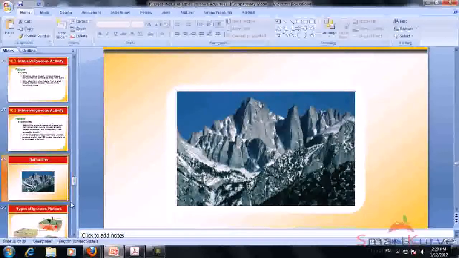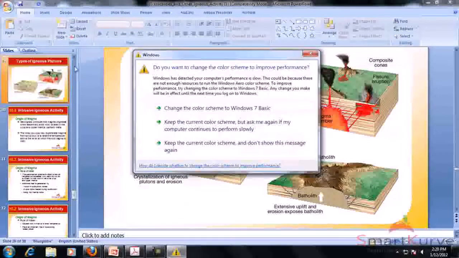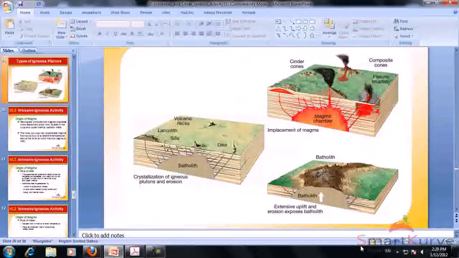You can see a picture of an exposed batholith on slide 28. That's a batholith that's been exposed for a long time and has been eroded. Back to that picture on slide 29, you can see the batholith deep underneath the ground and the dikes branching off of the batholith.